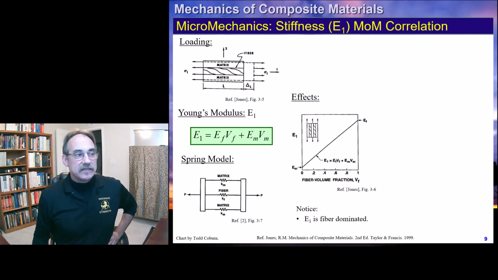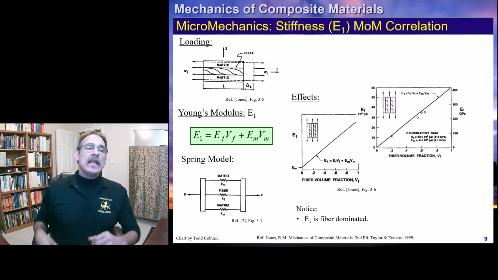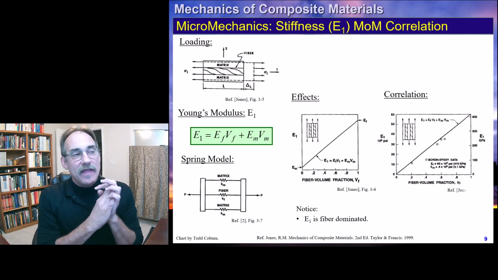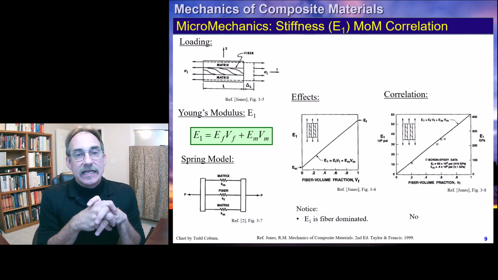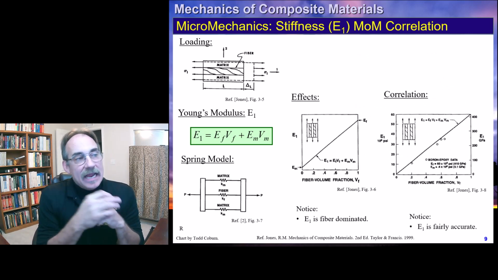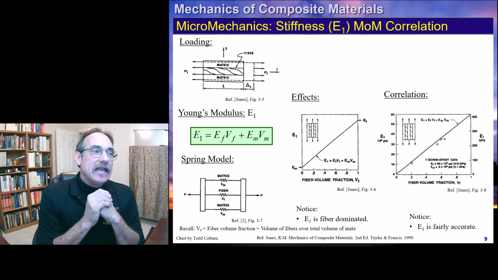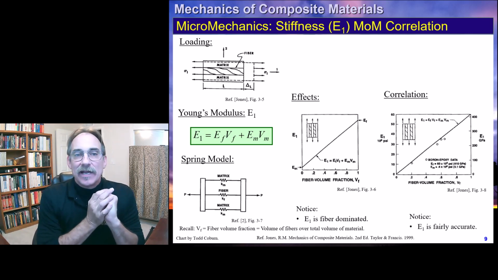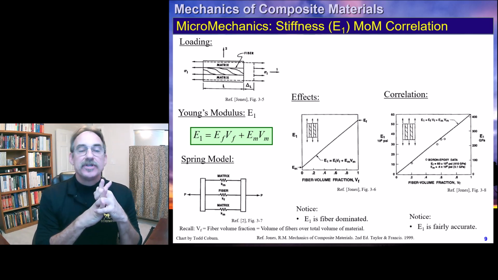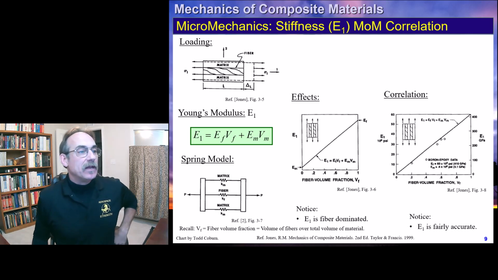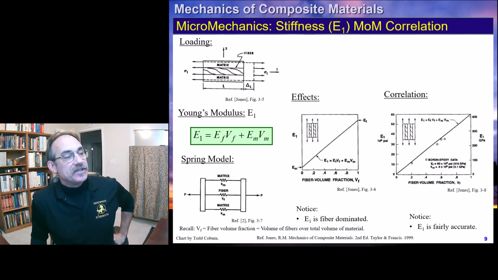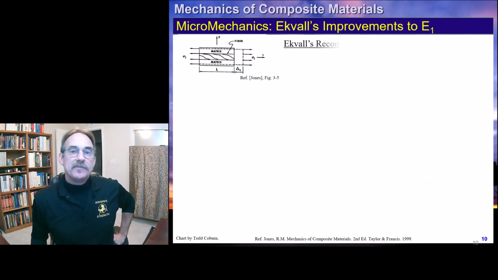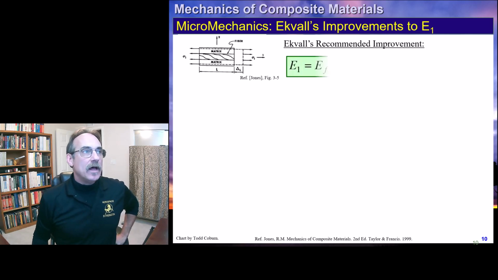So folks say that this is a fiber-dominated property. If we plot some test data on that, this little plot is out of Jones, and it looks reasonable. Looks like we just slightly over-predict the modulus with this approach, but it's close enough for government work. So this is mostly accepted as being good enough for E1.